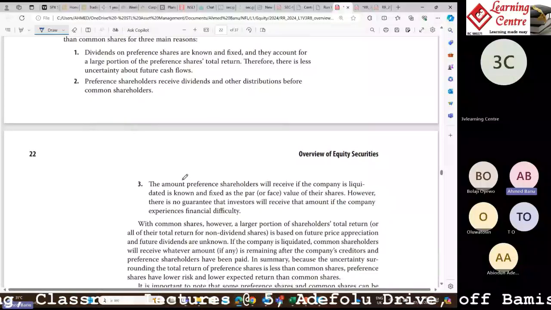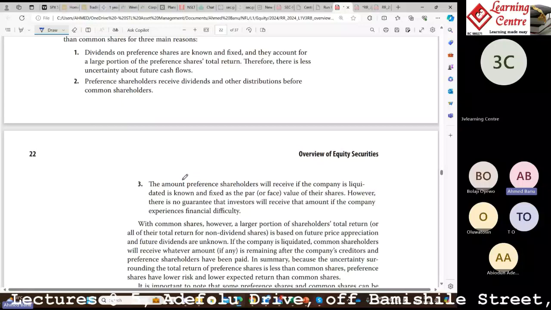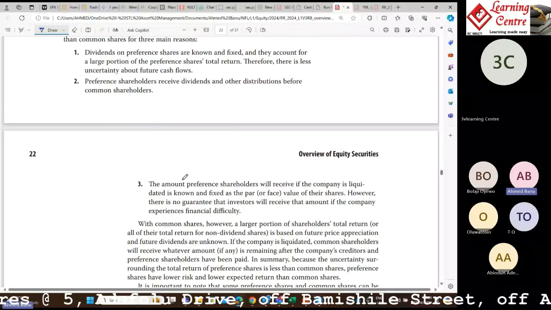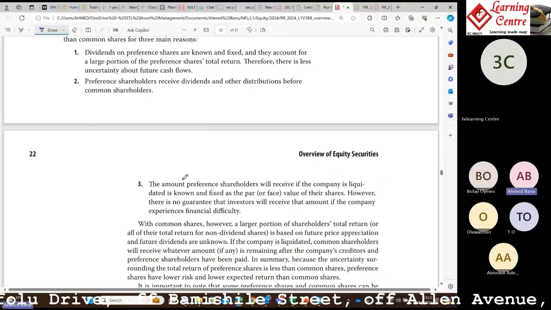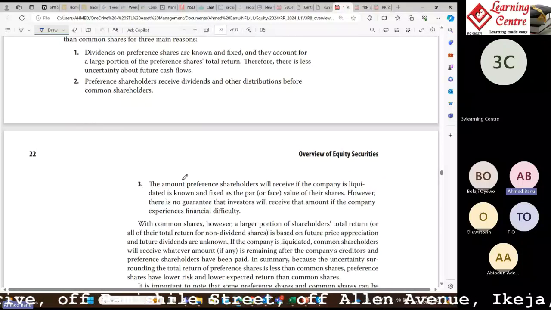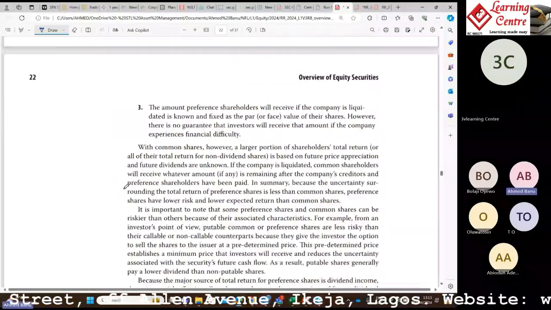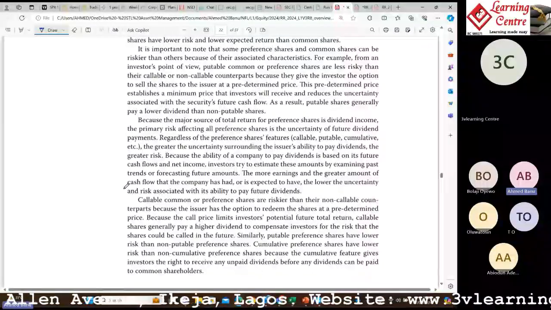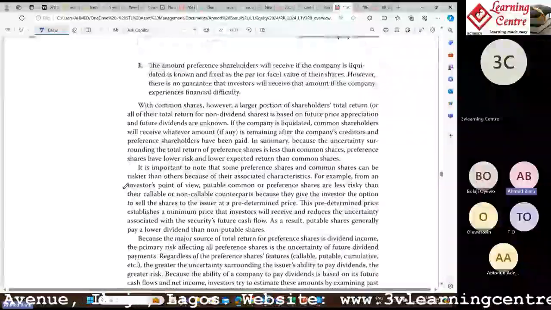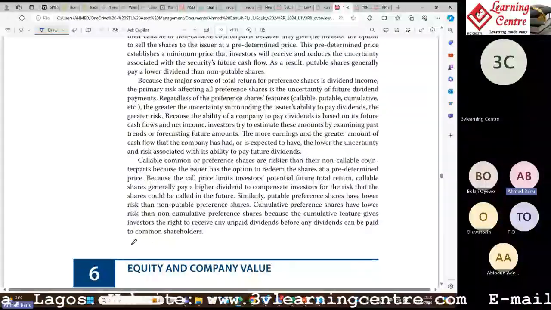And lastly, in an event of bankruptcy, you will be paid your preference shares investment amount before common shareholders even consider anything. Because of these three reasons, preference shareholders have less risk than common shareholders. So if you are running away from risk, but you still want equity, you can buy preference shares first.